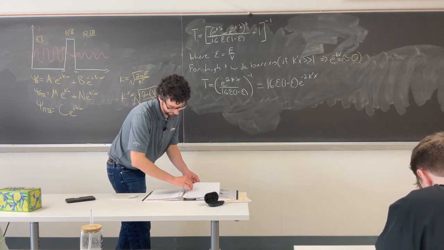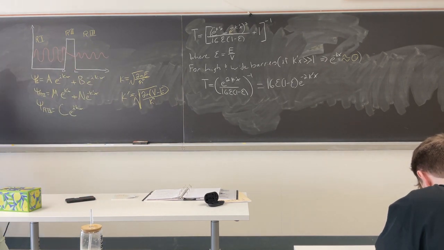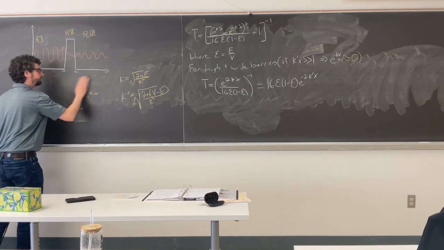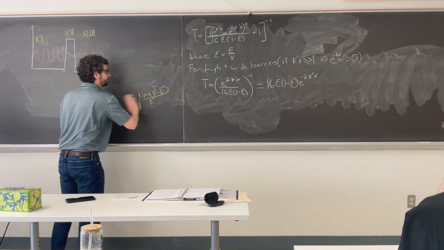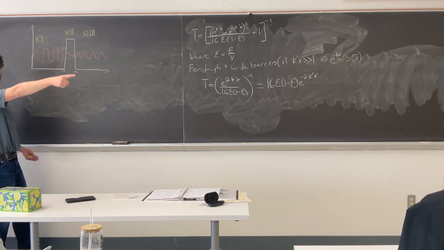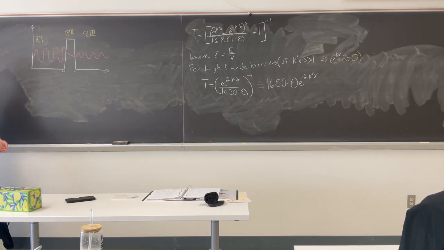Now, this is pretty strange when you consider classical physics. In classical physics, I can throw a ball at that wall, and what will happen to the ball? Yeah, it'll come back depending on how hard I throw it.